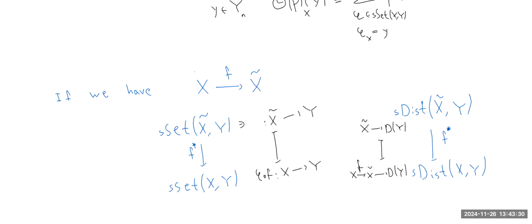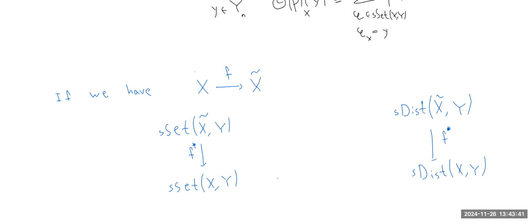This induces this, but also we can apply D on both of these. We say that this is the distribution functor, so we can apply it on the map.